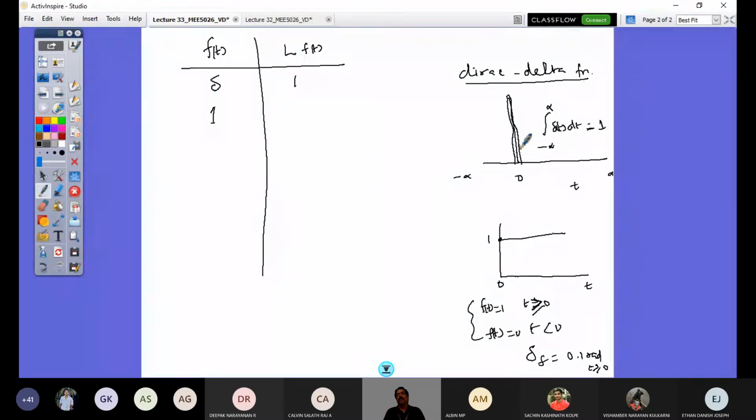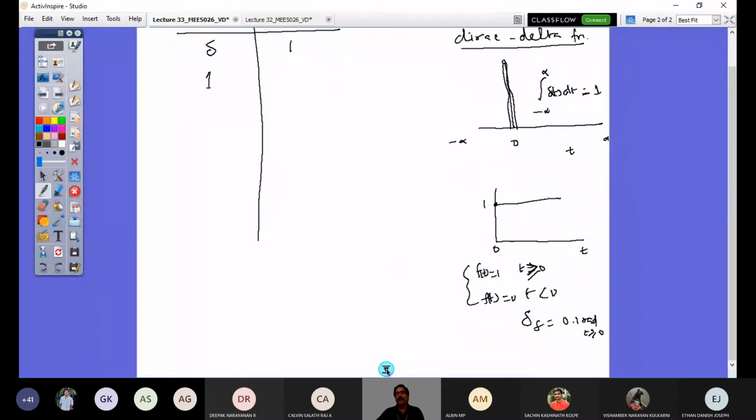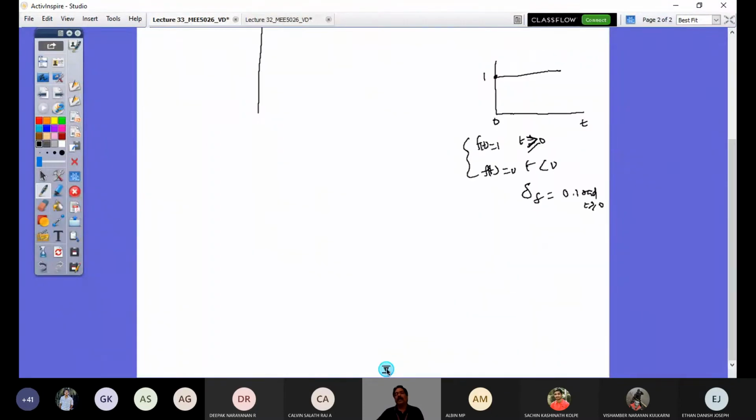So the next function is called the ramp function. When I drive straight, I gradually increase the variation of my steering. So that function would be varying like this. This is f of t equal to t. If this is time and this is 0, at t equal to 0 the function is 0.